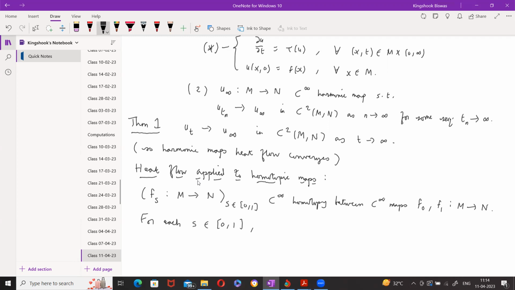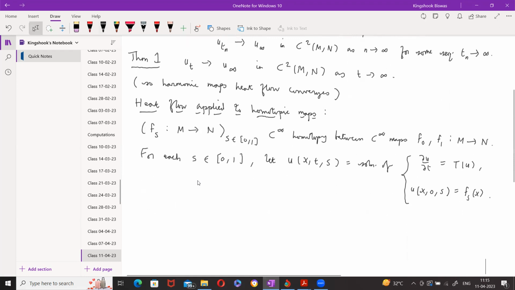We let U of x, t, s be the solution of the harmonic map heat flow del U del t equal to tau U, with the initial condition, so at time 0, U of x, 0, s is equal to F sub s of x.